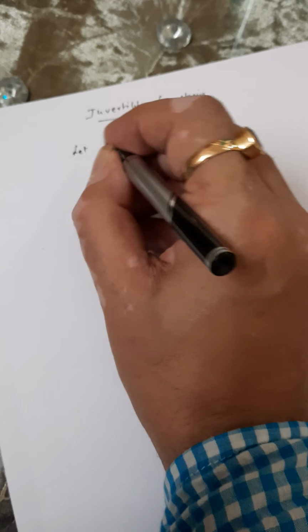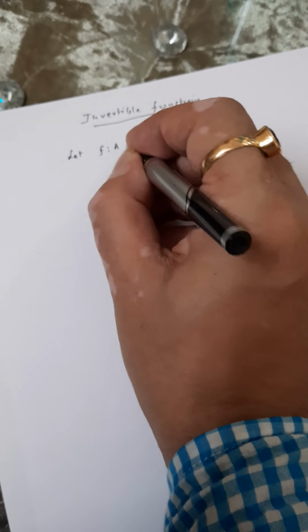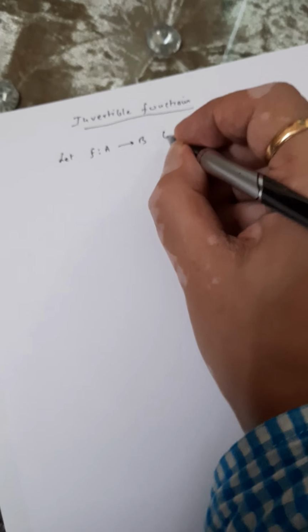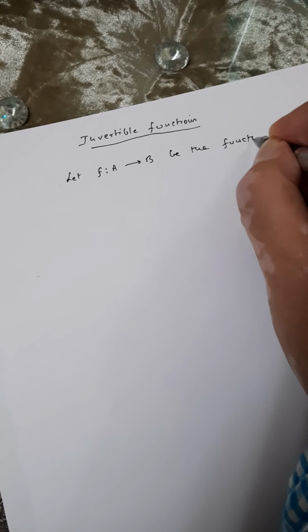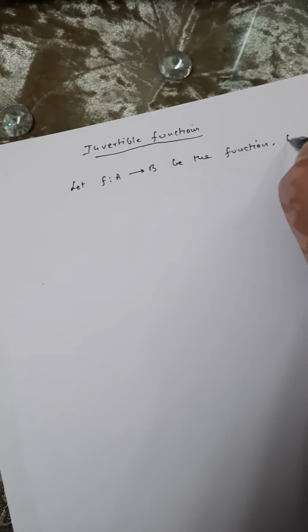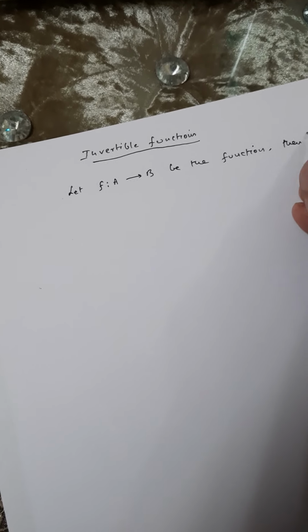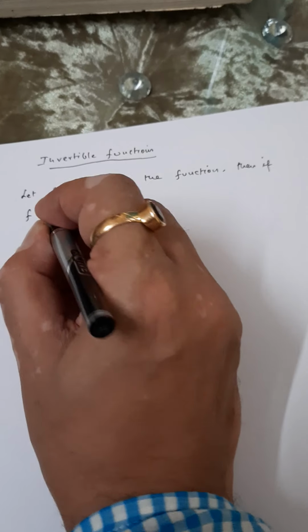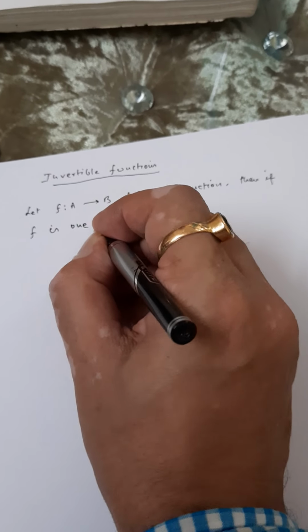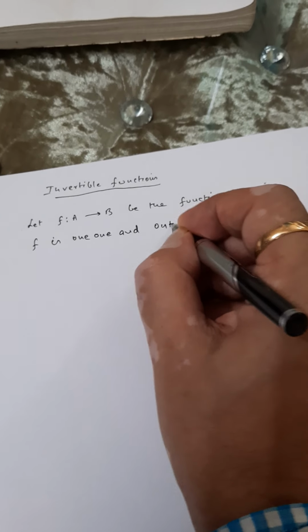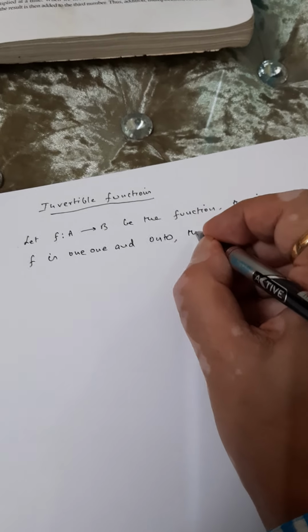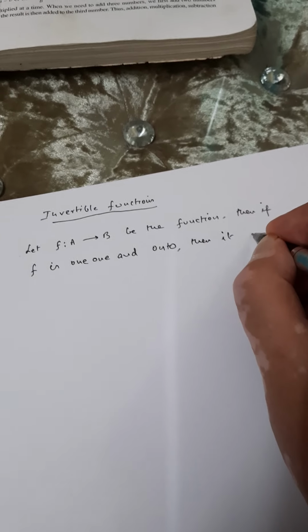Let f from A to B be the function. Then, if f is 1-1 and onto, then it is invertible.